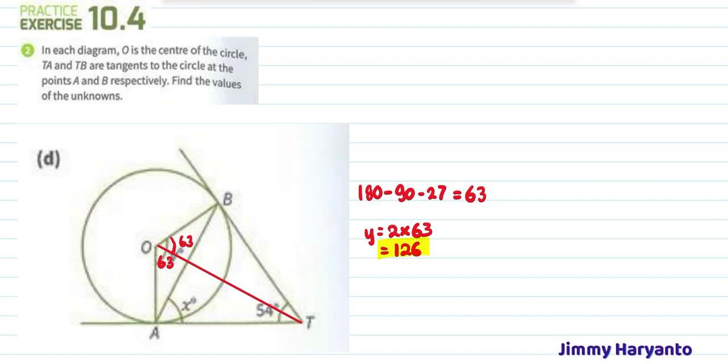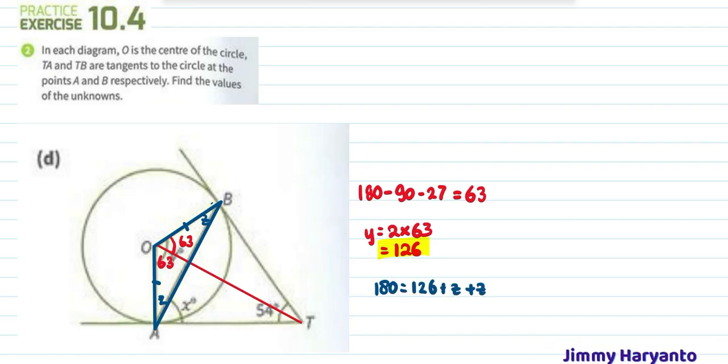And then to find the value of x, wait, let me think. Okay, we can use this one. This one is a radius, this one is also a radius. That means if this one is z, the other will be z, and then we will use the triangle. 180 equals 126 plus z plus z.